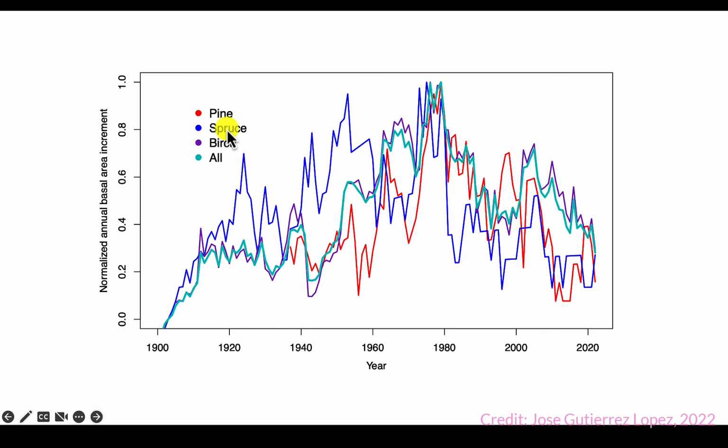Red is pine, blue is spruce, purple is birch, and then the mean of all of them. But of course, something that you cannot see here because I'm not plotting individual trees is their establishment time. Like many were established in the 1900s, many trees were established in the 1940s, and others are more recent. Right. But overall, there is some sort of a trend, really interesting trend.